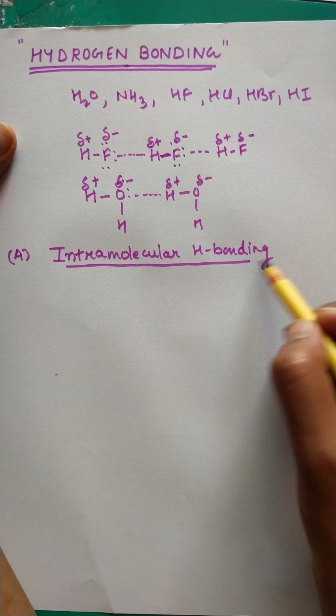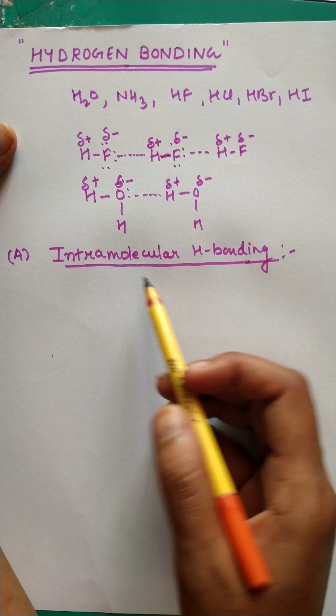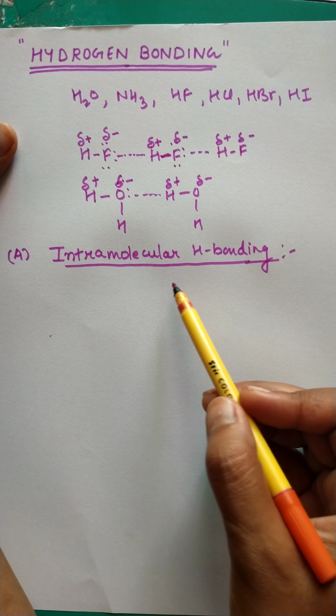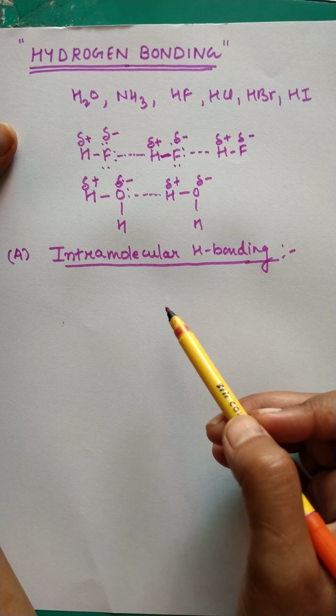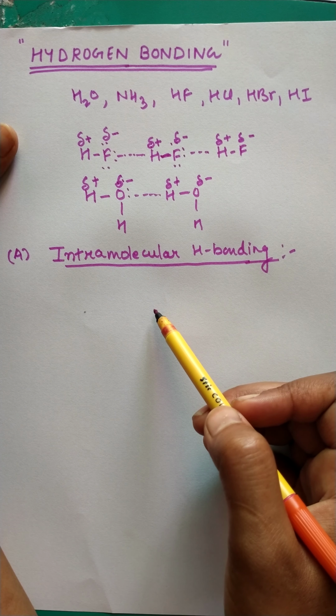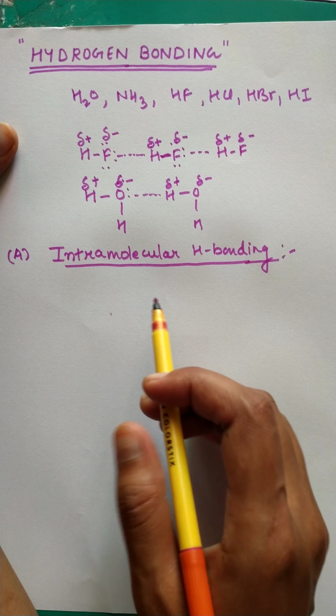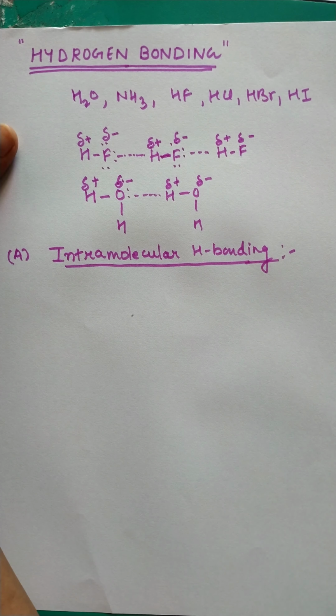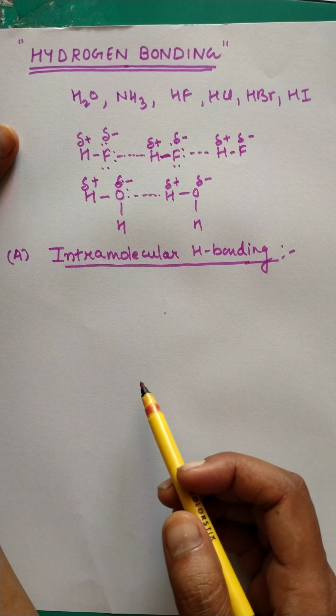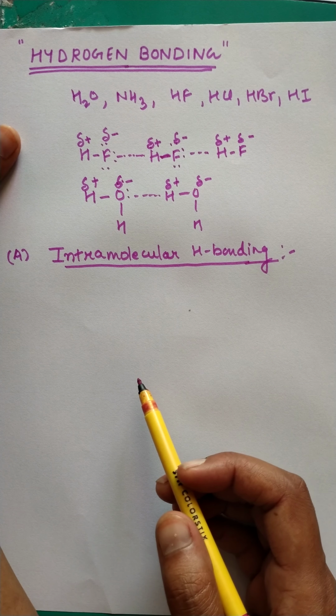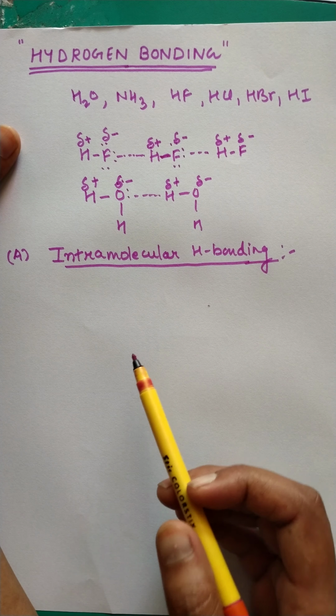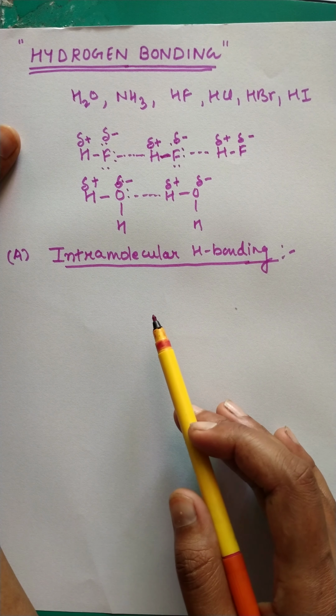So what is intramolecular hydrogen bonding? In intramolecular hydrogen bonding, the hydrogen bonding is present within the molecule, meaning within the atoms of the same molecule. We can say this type of bonding is present between hydrogen and an electronegative element, and both are present in the same molecule.